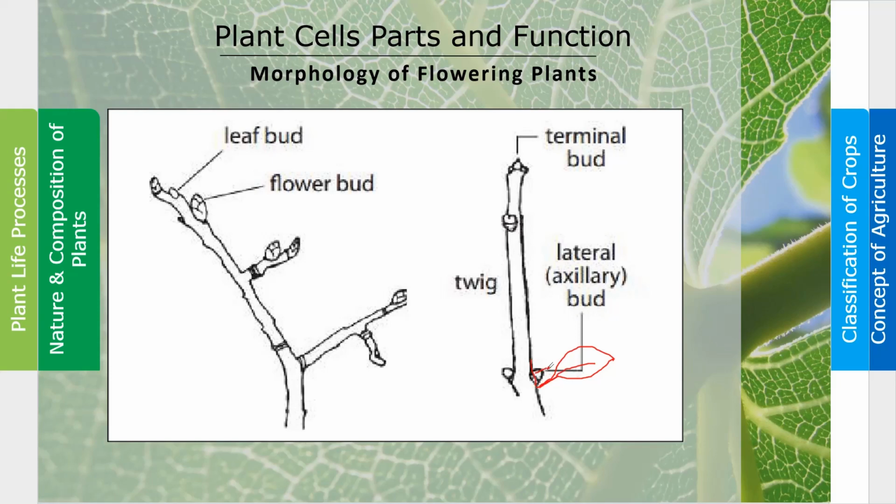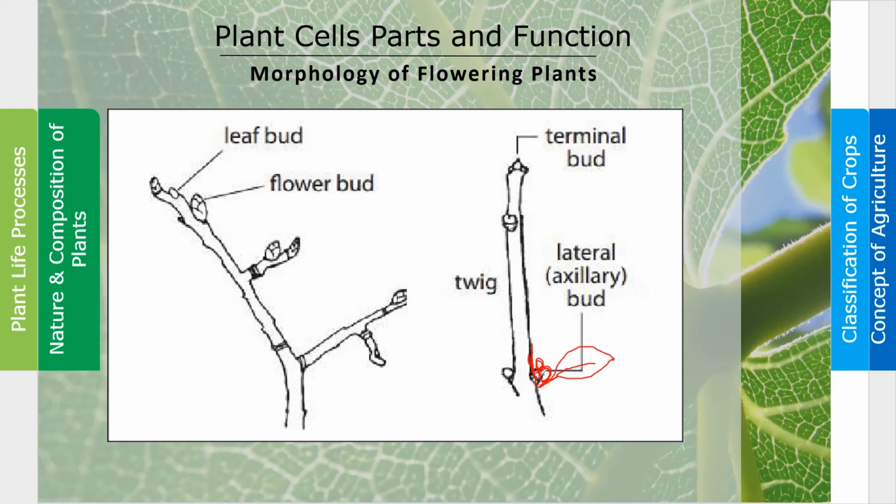This one is the axillary, and the bud that arises from here is called the axillary bud. Pag sinabi naman nating subaxillary, yun yung bud which is found between the stem and the axillary bud. So, pinagitnaan siya ng axillary bud and the stem. So, that's the subaxillary bud.